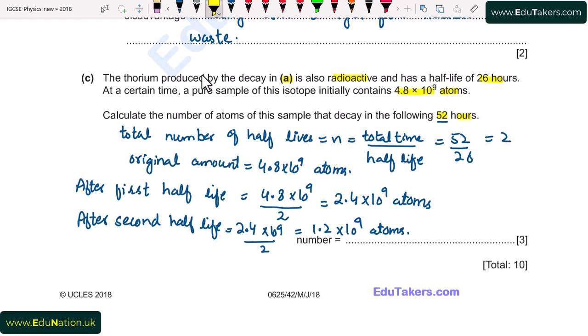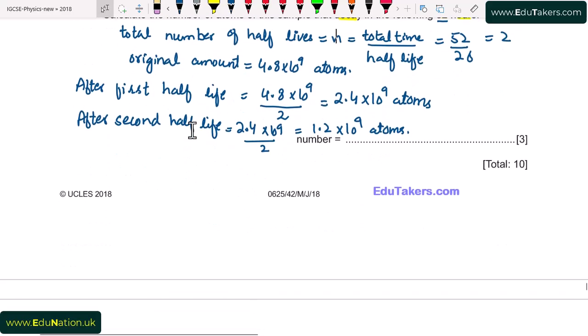And here we have to find out the number of atoms that decay in 52 hours. So the number of atoms decayed will be equal to the original amount minus the total number of atoms undecayed.